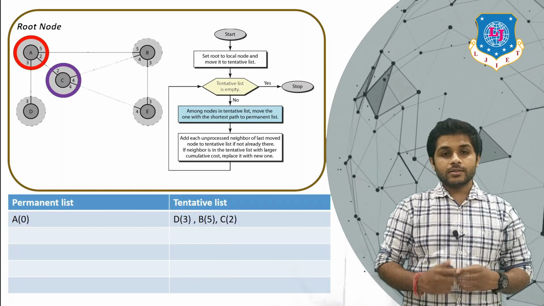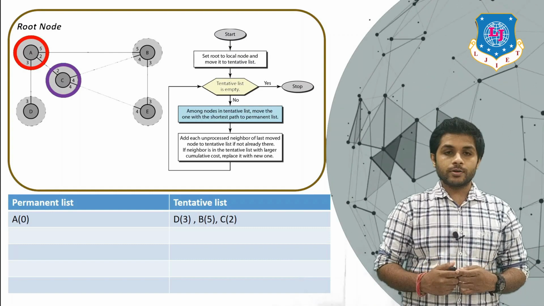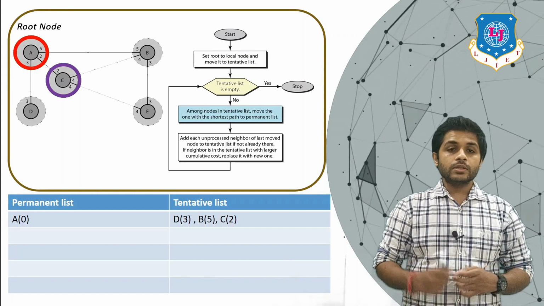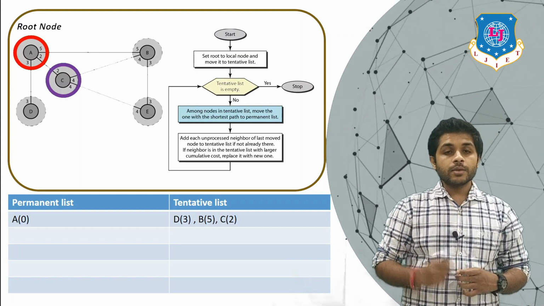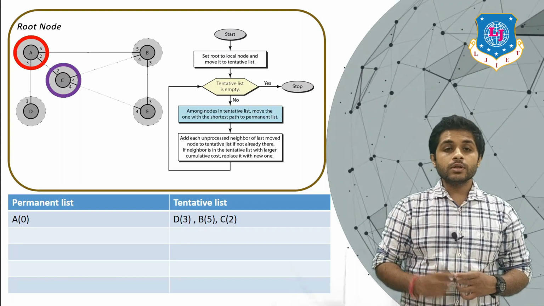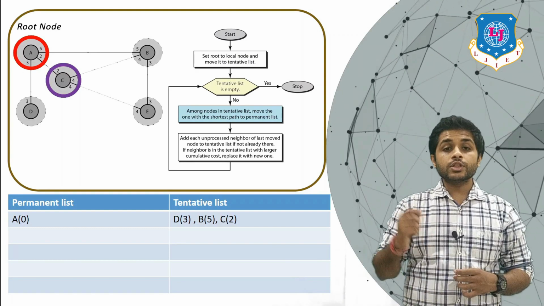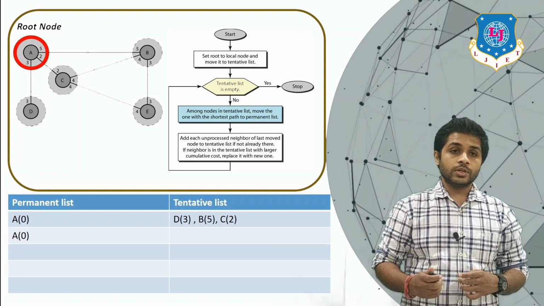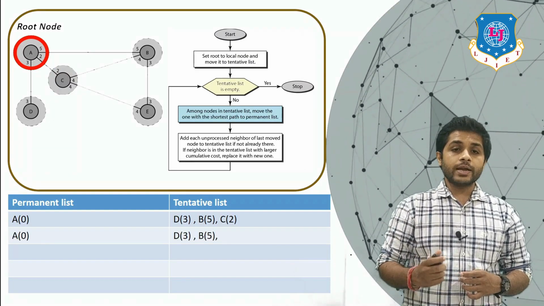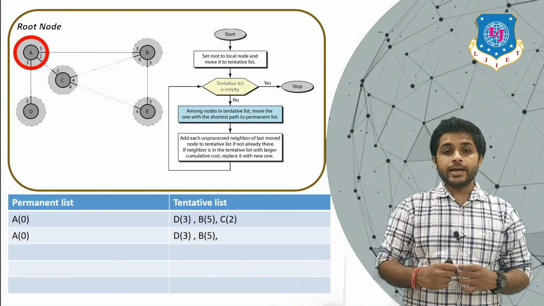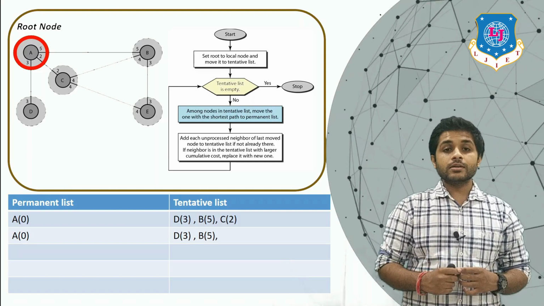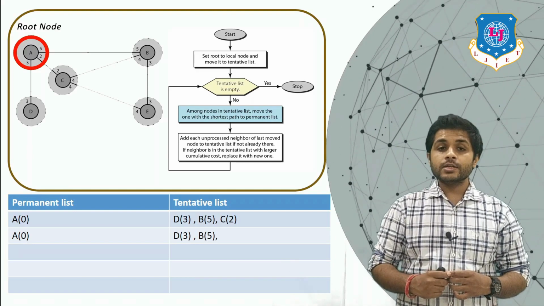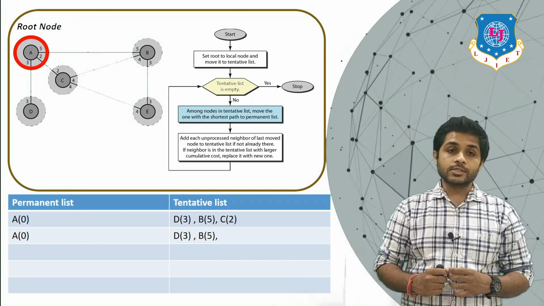After that, the same procedure will be followed. Again, we will move a node from tentative list to permanent list. But which node will be moved? The node which is having the shortest distance. So let us write all the nodes as they are, and from all the nodes, the node C is having the shortest distance.